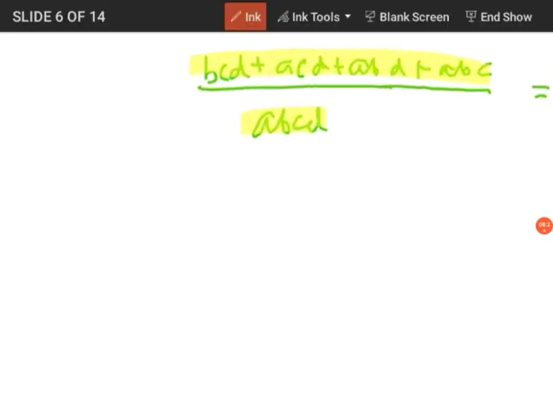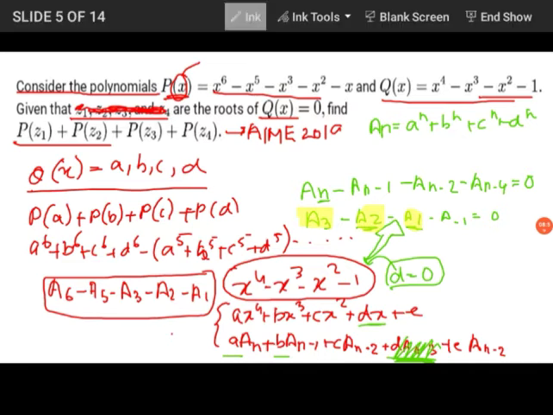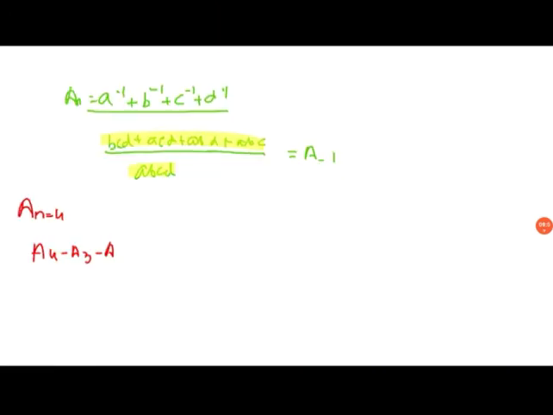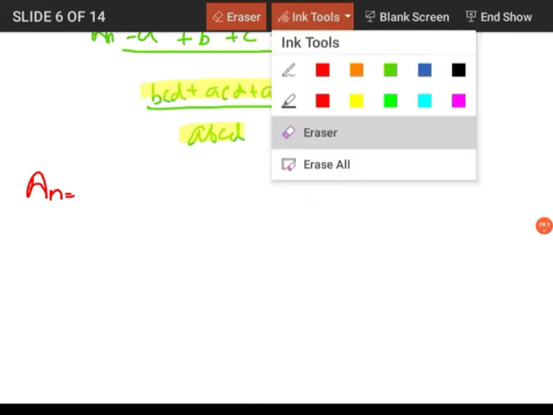if I take n as, say, 4, what will be a4 minus a3 minus, wait a bit, a4 minus a3 minus a2 minus a0. Or sorry, if I take n as 6, now this is just a trial and error method.